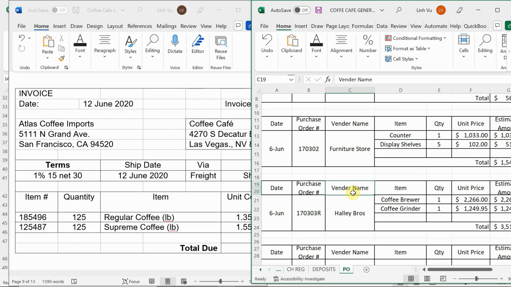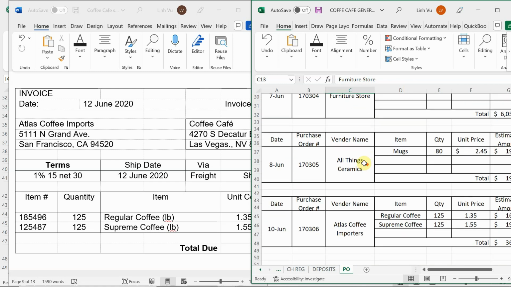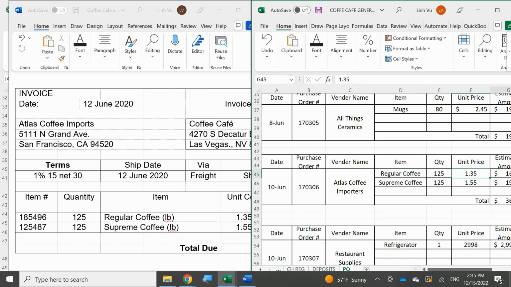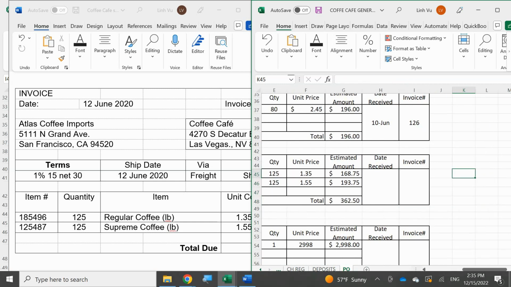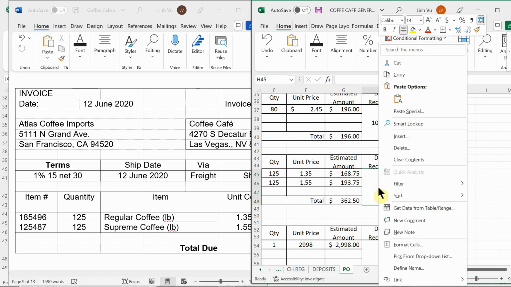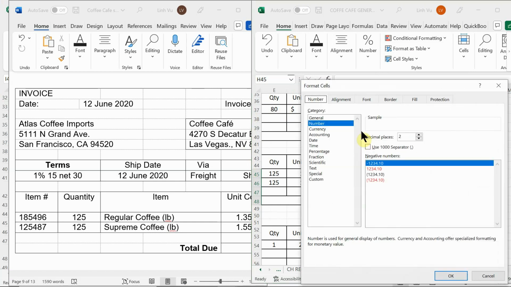But I'm going to go ahead and post it to my purchase orders because this one is most likely what I'm going to forget, that I checked and made sure that all the coffees were there. So here you go. Atlas Coffee Importers, we received our coffee for that $362.50, where I'm going to go ahead and plug it in here.